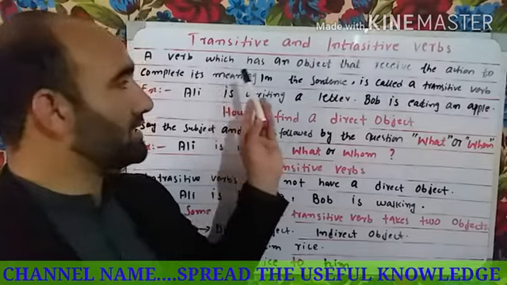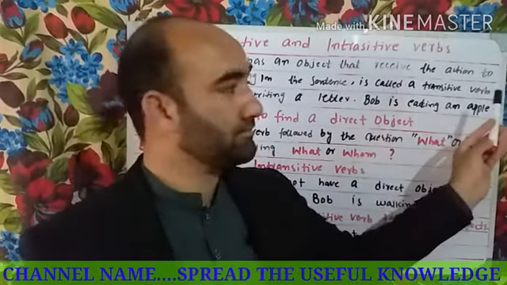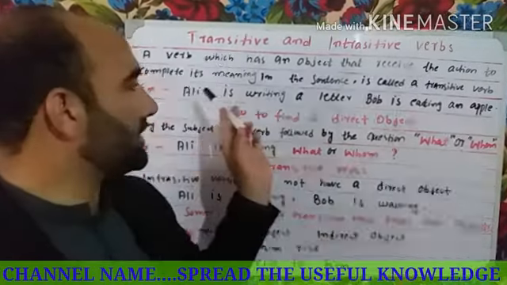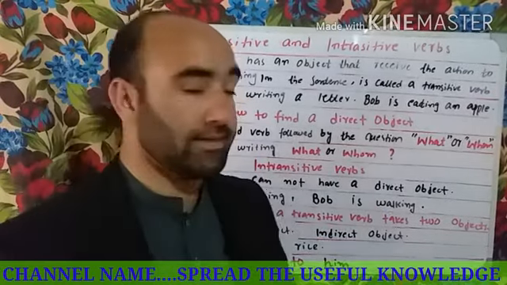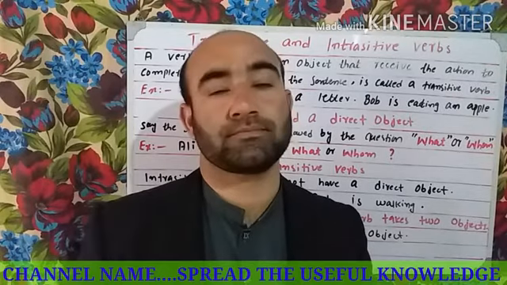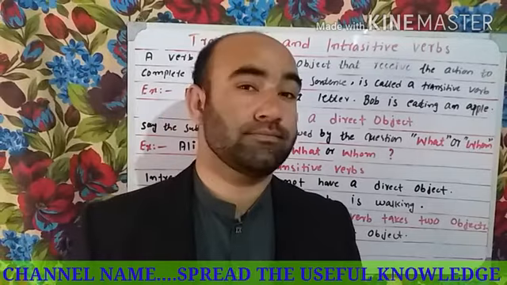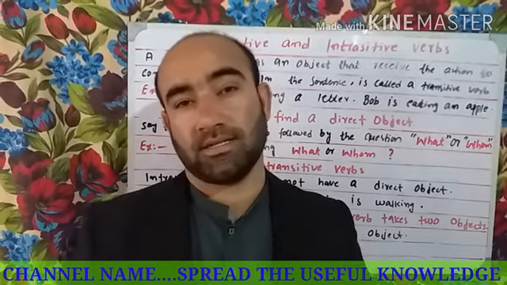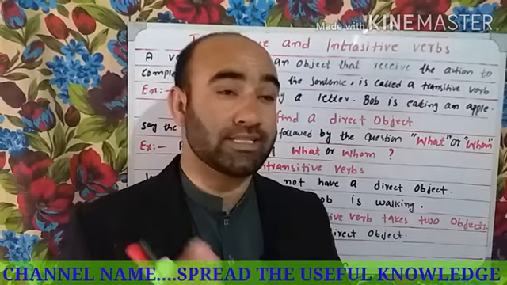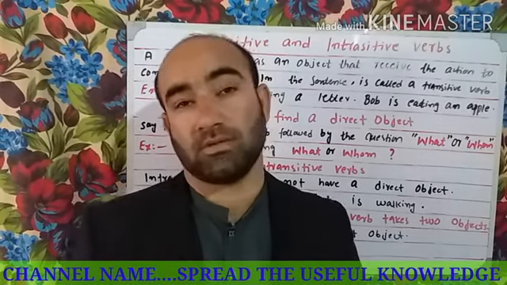A verb which has an object that receives the action to complete its meaning in the sentence is called a transitive verb. A transitive verb requires a direct object to complete its meaning.